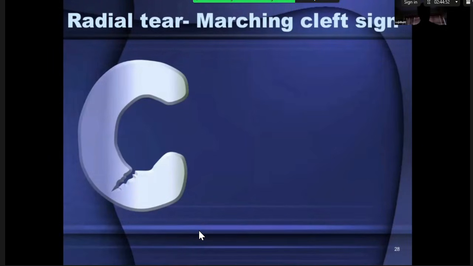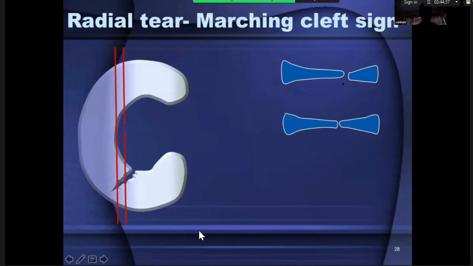If you have got a radial tear looking like that, and if you do sagittal sequences, we can see that this particular sagittal sequence will show a cleft appearing here. Then the next one, because the tear has moved slightly forwards, we can see that the tear has marched slightly more anteriorly, and then it has marched yet more anteriorly.